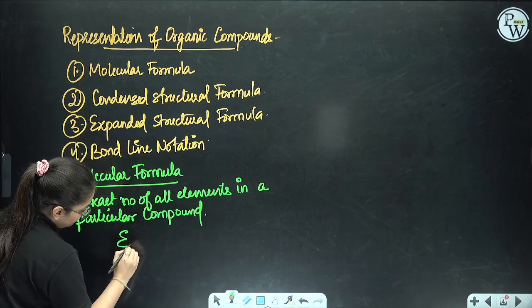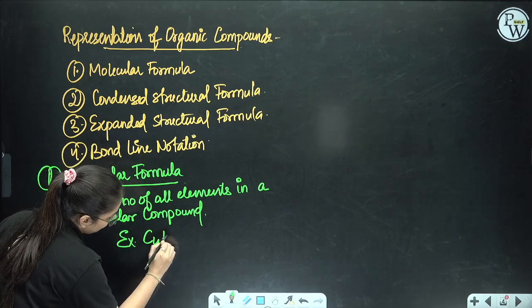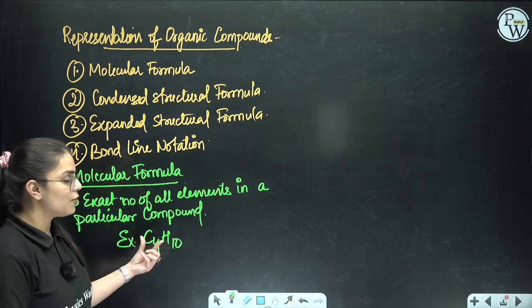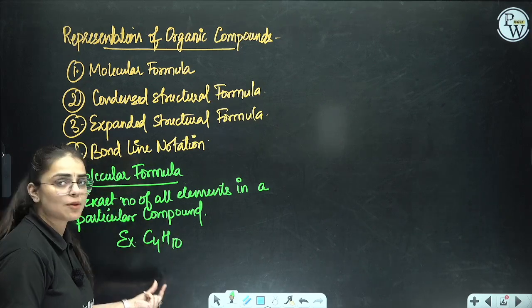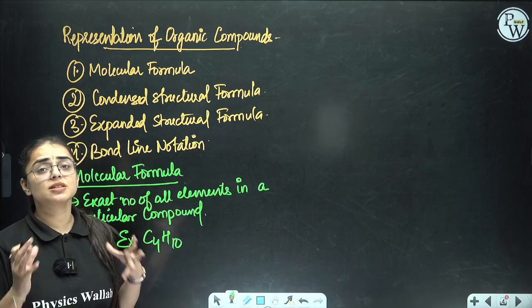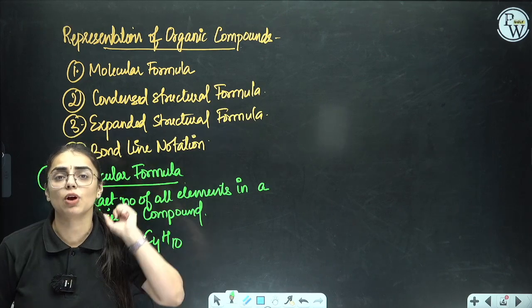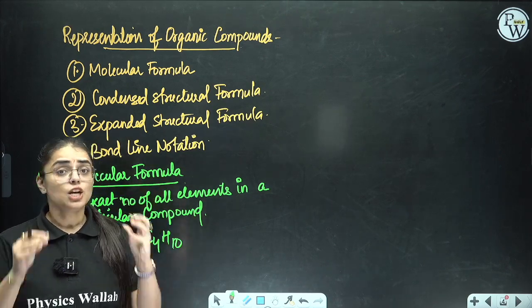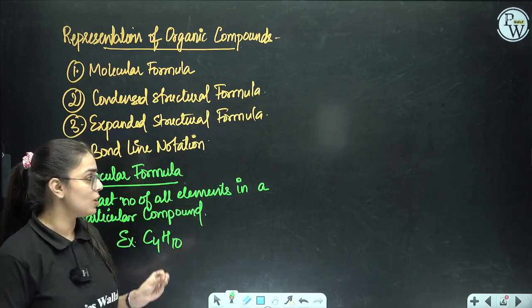Let's take an example, C4H10. C4H10 is an example in which we have carbon 4, hydrogen 10. So I'm telling you right now straight away that there are 4 carbon atoms, there are 10 hydrogen atoms. So I'm telling you the exact number. This is what a molecular formula is.